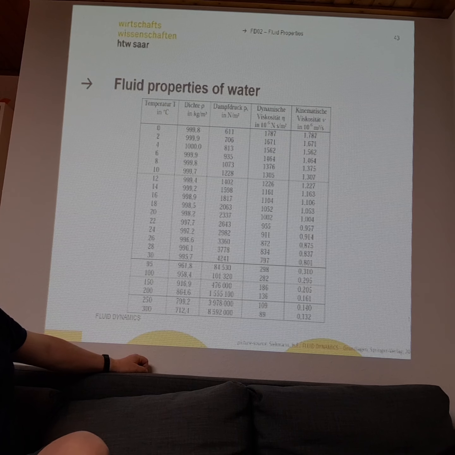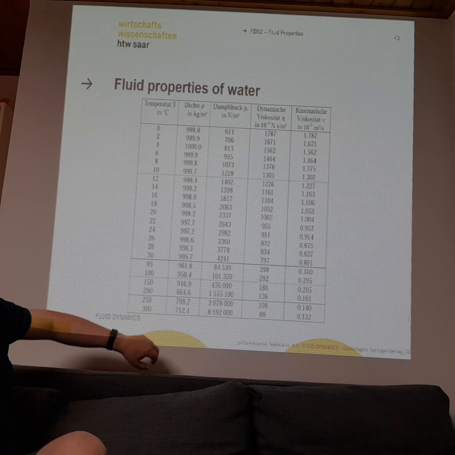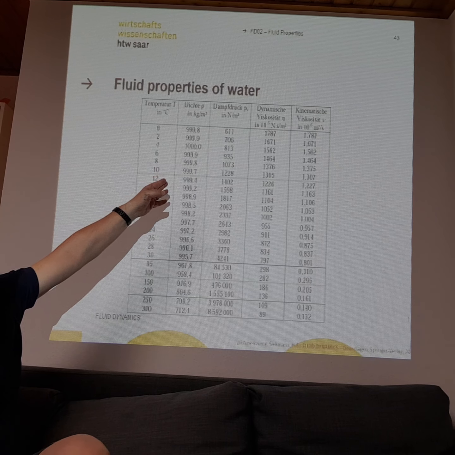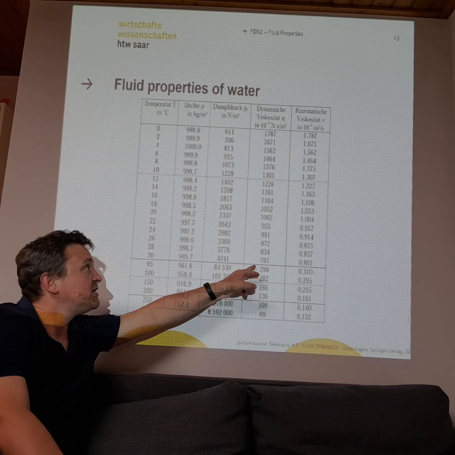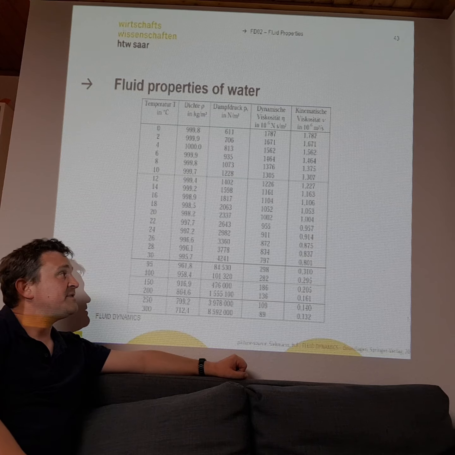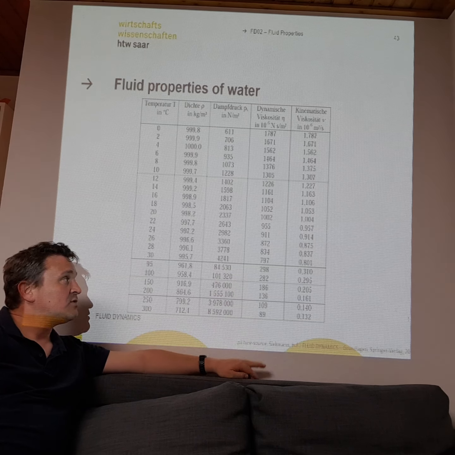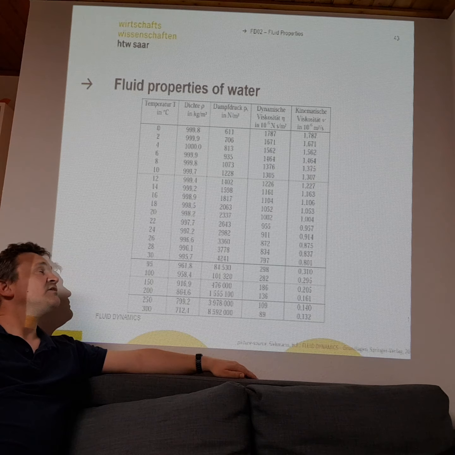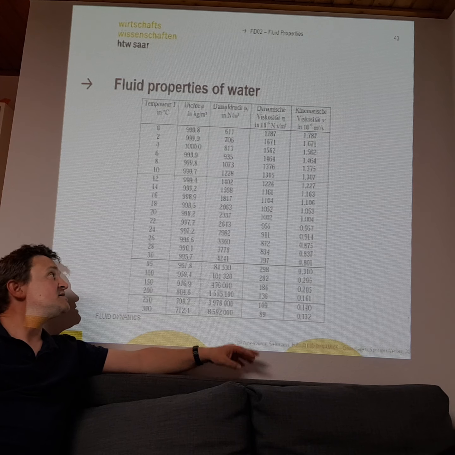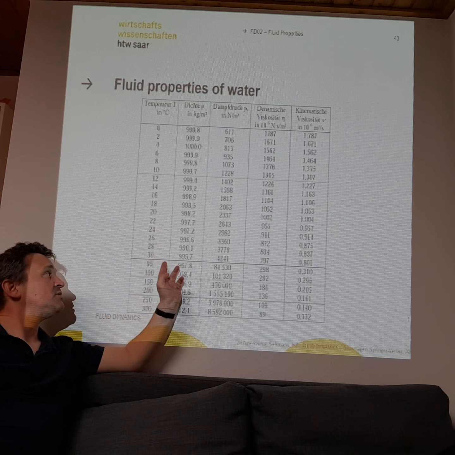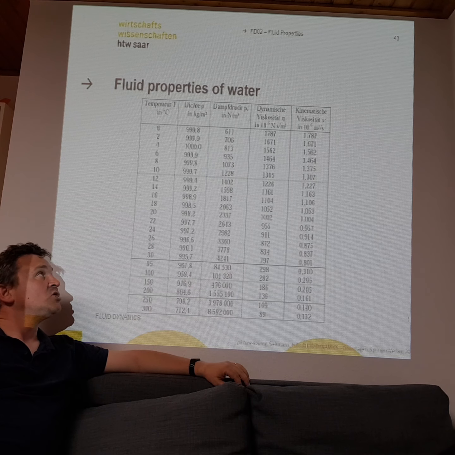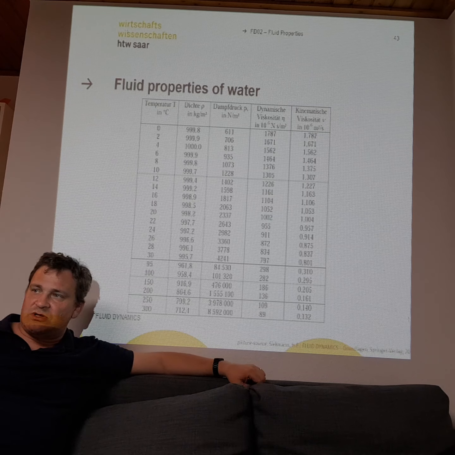Density gets lower. You can look at the dynamic viscosity. Here is the saturation pressure. We don't need it yet, but you can have a look at the dynamic viscosity. It gets lower, and the kinematic viscosity also. Now if you have to solve an exercise, you have to look into the table, take the temperature you need, and look at the dynamic viscosity.